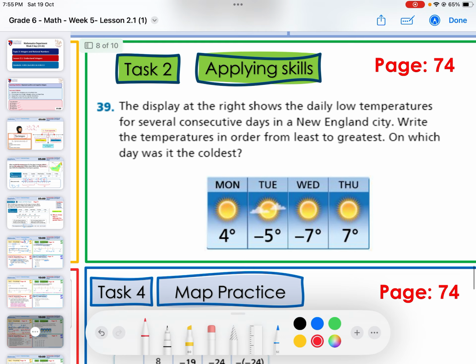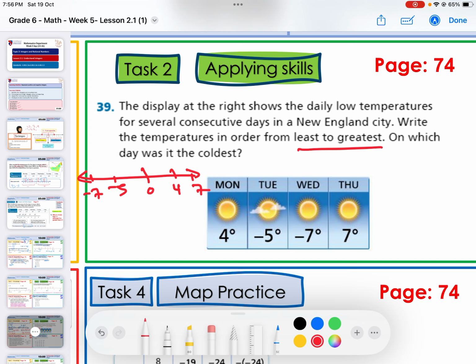You have here a real life application. Like I said, think of temperature. So which one will be the coldest? As you can tell, you want to draw the number line again. Place the integers on it, positive and negative, and you will be getting this is -5, here is -7, that's 4, and that's 7. My drawing here is not drawn to scale, so excuse me, guys.